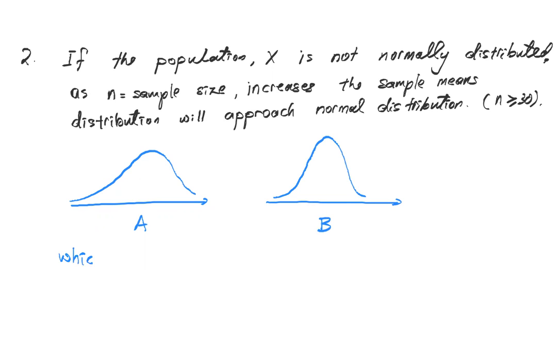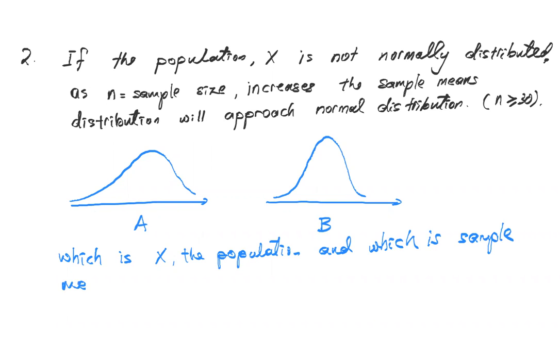Which is X, the population, and which is the sample mean distribution? Why? So what will your answer be?